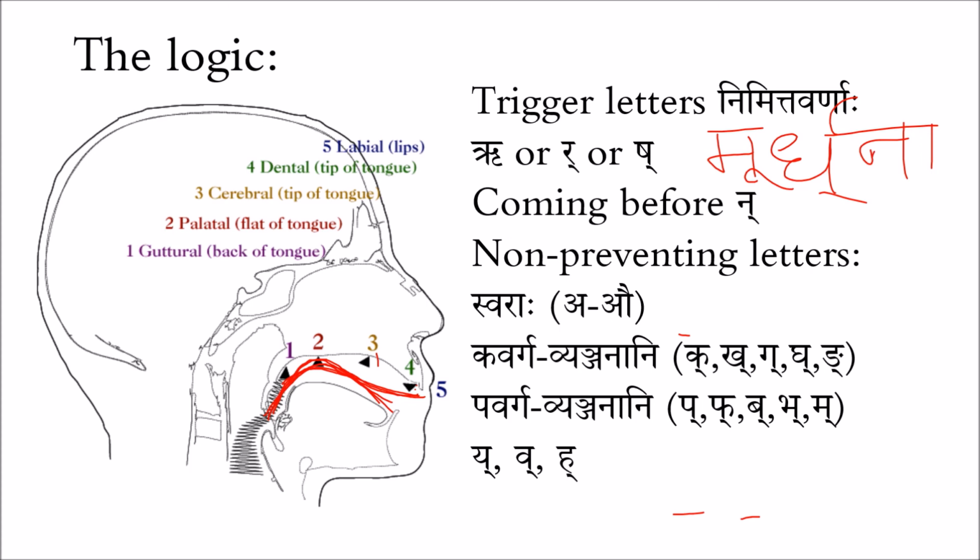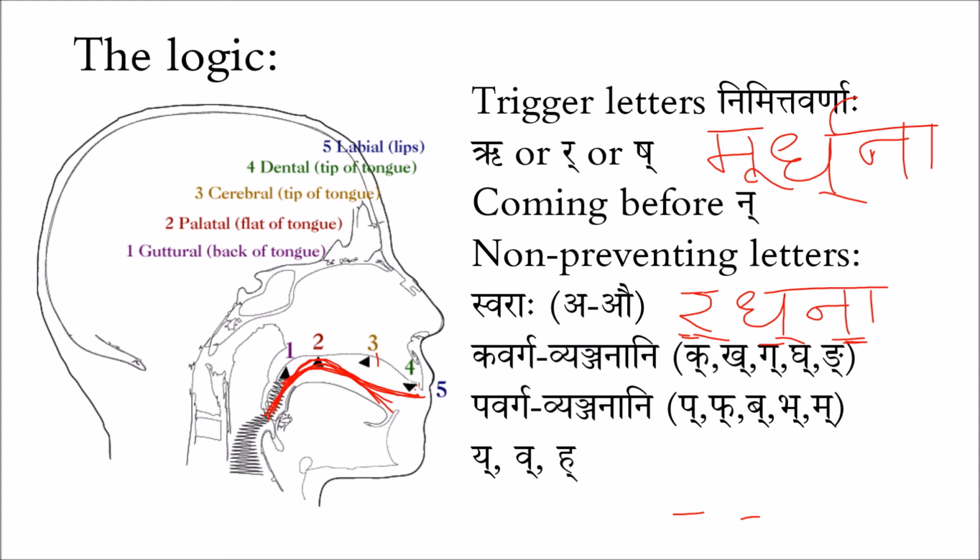After mu, we have ra, and then there is the dha consonant, and then there is na. There is a trigger letter ra, and there is a dha in between na and the trigger letter. So does it change to ṇa as per the rule? No, because dha is a preventing letter.